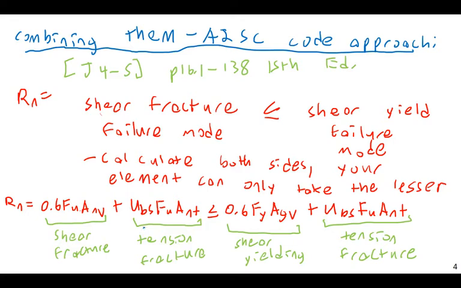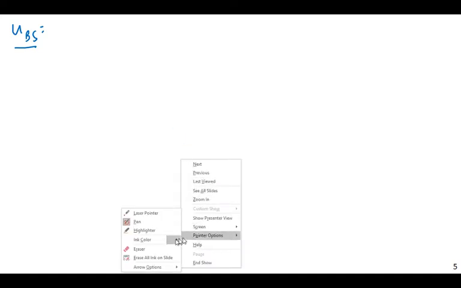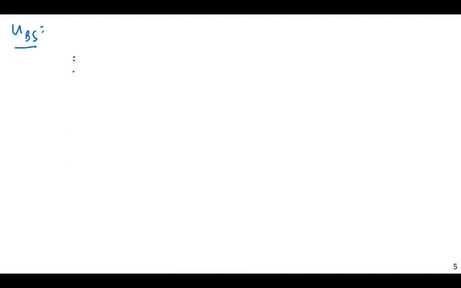So the smaller the Ubs is, the more conservative this is. So again, the Ubs is a factor to take into account non-uniform tension stress.